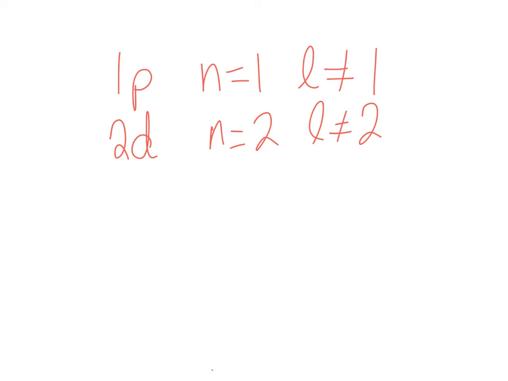Next highest, 2s. Higher than that, 2p. Then the 3s and then the 3p. And if you look, the fourth energy level here, 4s, 4p, 3d. You can see that the 3d is slightly lower than the 4p.